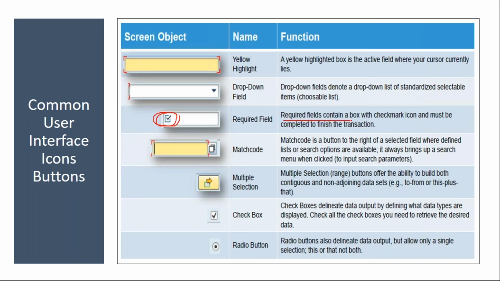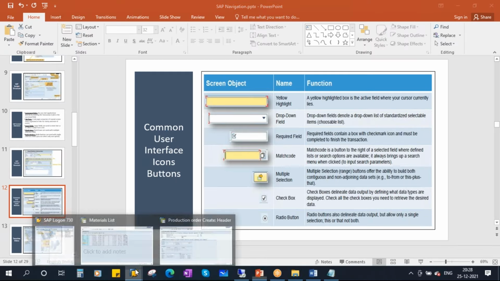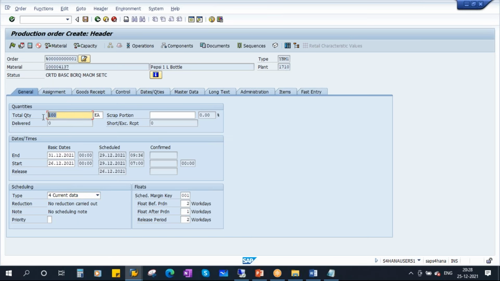Required fields contain a box with a check mark icon and must be completed to finish the transaction. Suppose I don't enter any information in total quantity and I try to go to assignment. System is saying fill out all required entry fields. That means you have to enter here. This is a mandatory field.